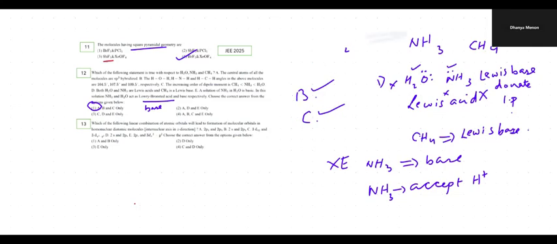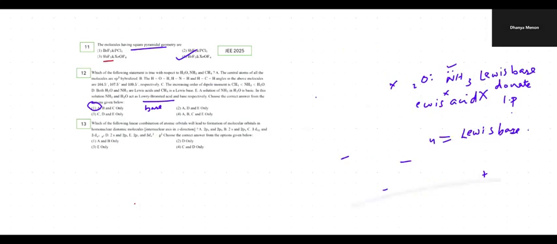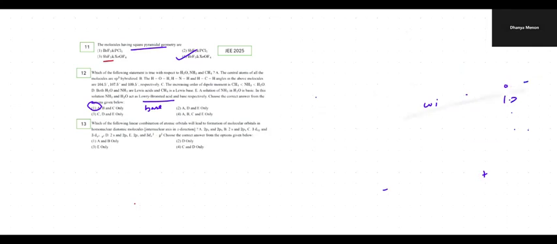Now, coming to the next one. The next question, number 13. Which of the following linear combination of atomic orbitals will lead to the formation of molecular orbitals in a homonuclear diatomic molecule?